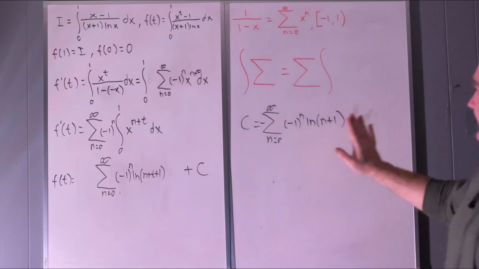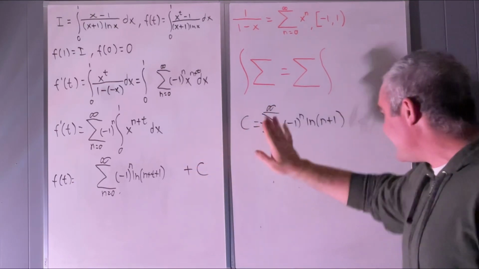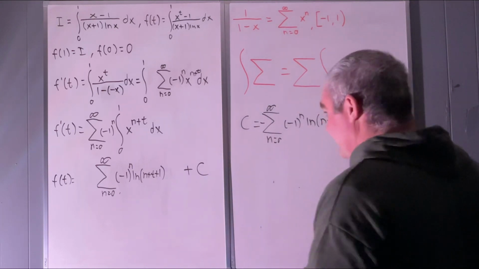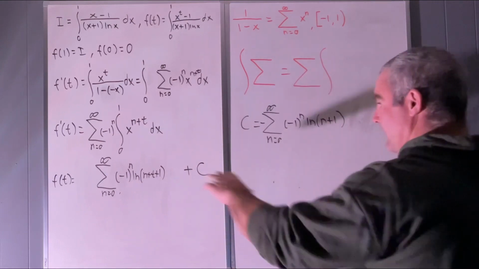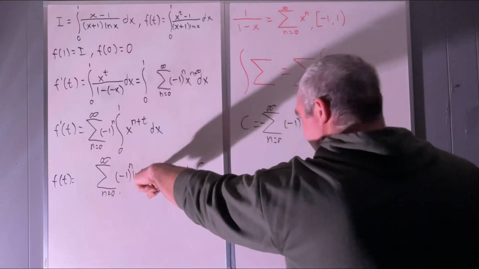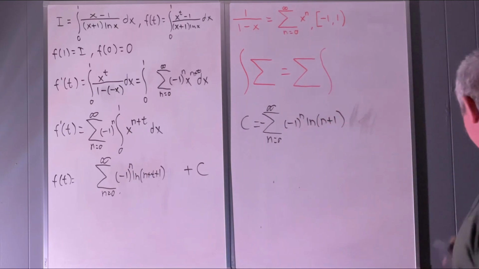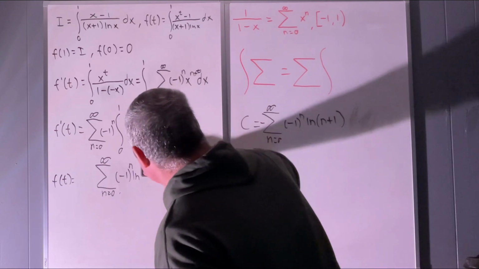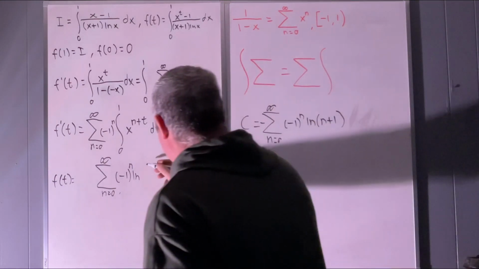Okay, so if we put this into that, replace that c with this, I hope you agree that we would end up with this. That we would get negative 1 to the n times the natural log of n plus t plus 1 over the natural log of n plus 1. That's just basic properties of logarithms right there.